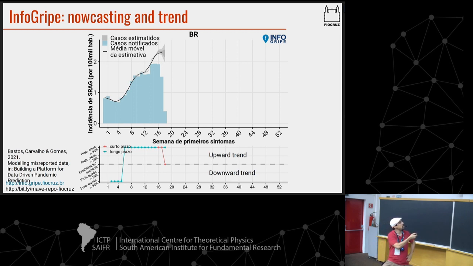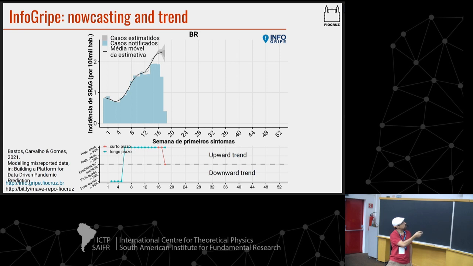So 90% of my trajectories are within the light shaded area, and 50% of my trajectories are within the dark gray area. Why is this meaningful? Because it not only gives me the range, but how the trajectories are distributed along this range, okay? And the blue columns are the current information, what has been reported so far, to have a comparison of what the data is right now and what I'm estimating to be the actual situation.